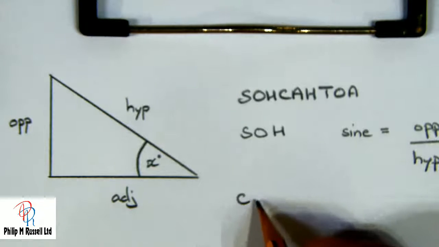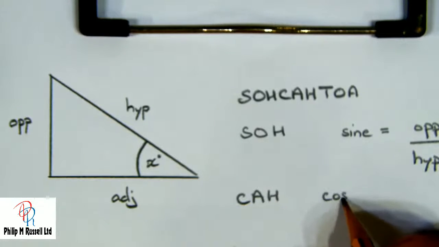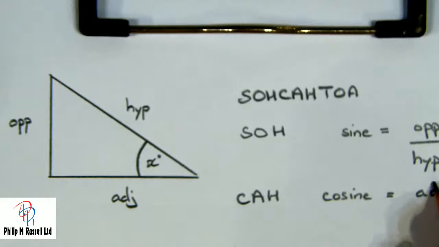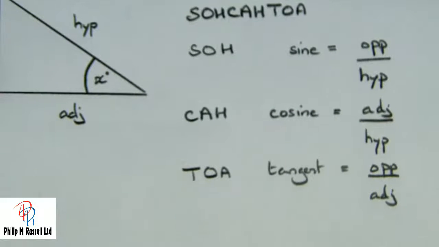We've got CAH, this is the cosine of an angle, and this is the adjacent over the hypotenuse. And then we've got TOA, this is the tangent, and this is the opposite over the adjacent. And we've got to learn these bits and pieces.